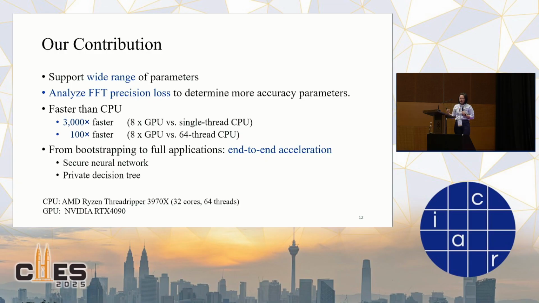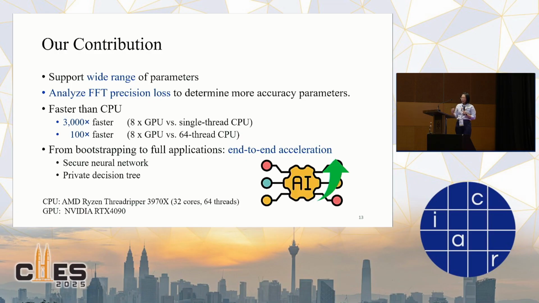We analyze this both theoretically and experimentally. This helps us find efficient parameters within the acceptable error range. Third, our implementation is very fast, achieving over 3,000 times faster than one single-thread CPU, and still 100 times faster than multi-thread CPU.